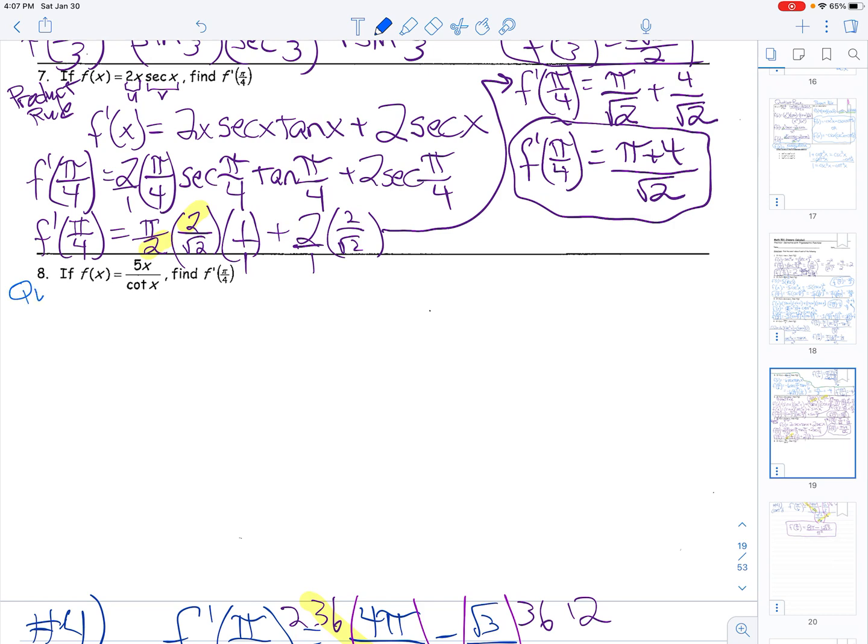All right, number 8, not a product rule. This is going to be a quotient rule. So f prime of x is low times derivative of high, cotangent x times the derivative of 5x, minus high, 5x times the derivative of cotangent.